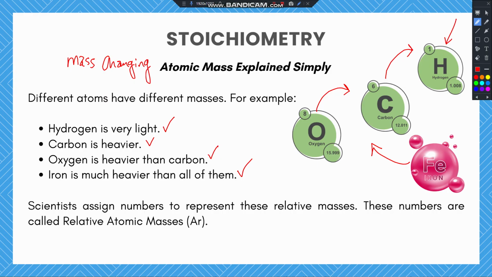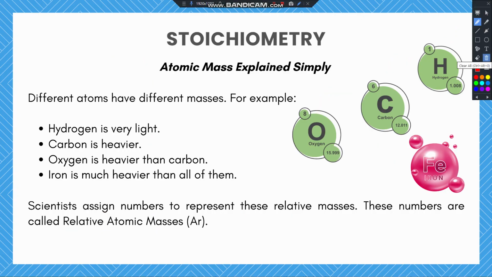Now, because of this, scientists assign numbers to represent these relative masses. These numbers are called the relative atomic masses. So if we are to define the concept of the relative atomic mass, we would simply say they are numbers that are assigned to represent how heavy an atom is relative to another atom. I trust it makes sense at this point.